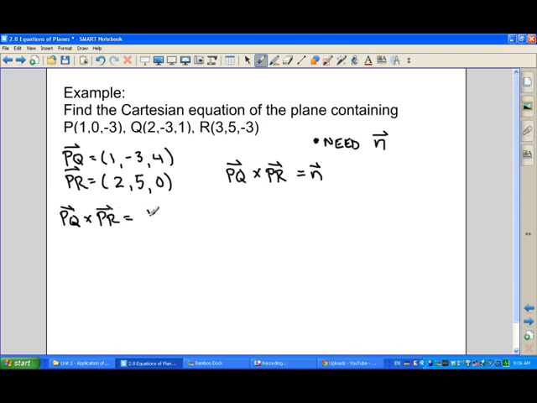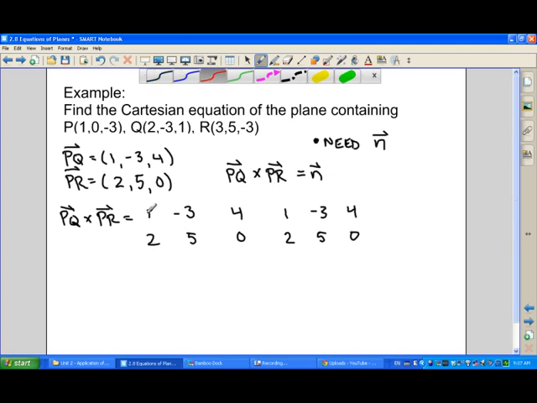So using the algorithm for cross product, cross out the first and last column.